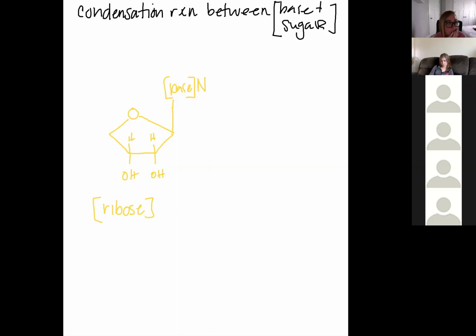I'm trying to think though, if we're having a condensation reaction between a base and a sugar, then we're still getting what? What's leaving the system? Water.